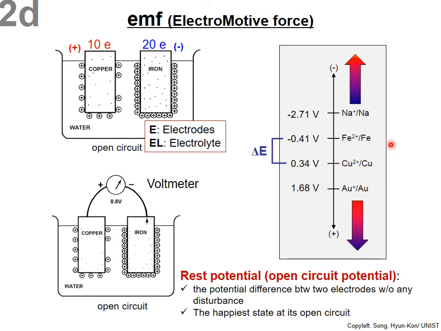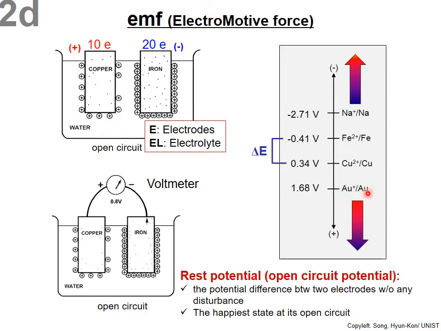So we have the same pairs given to you in the previous slide: gold plus is going to gold, copper 2 plus is going to copper, Fe2 plus is going to Fe, sodium plus is reduced into sodium metal. So we have 4 electrochemical pairs of species.